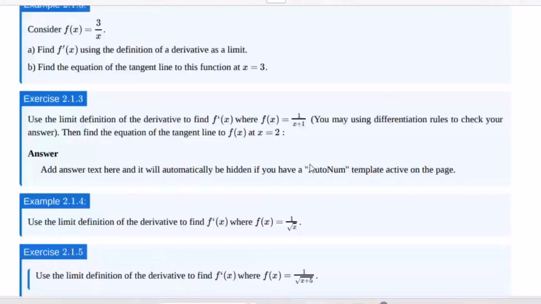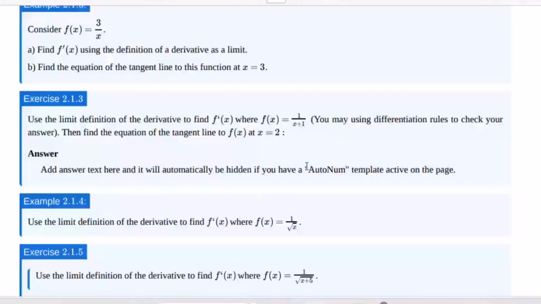Now, let's talk. You copied that equation. It says f prime of x is equal to the limit of f of x plus h minus f of x all over h as h approaches 0.